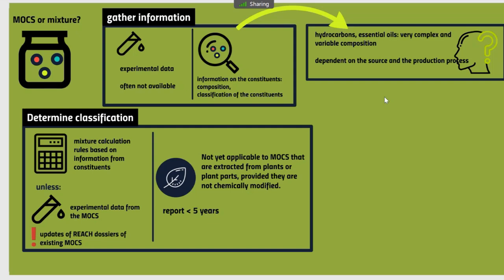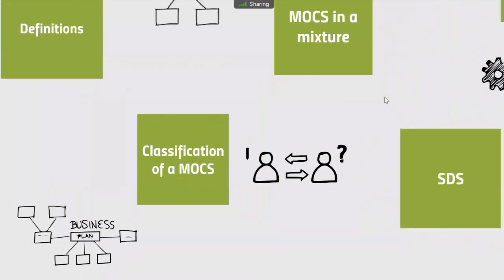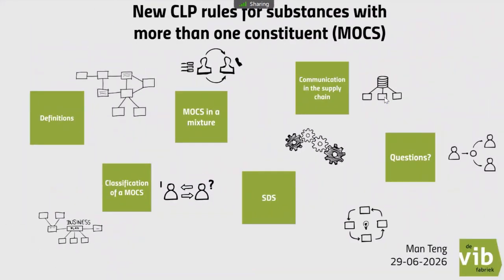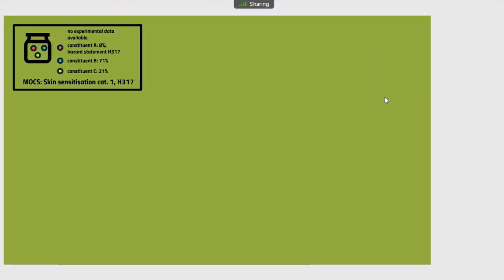We see a lot of times that if there are no experimental data available, the mixture calculation rules are applied, and suddenly some MOCS that already have a REACH dossier are updated to a more severe classification. Then if we would use these type of MOCS in a mixture, what happens then to the classification of the mixture if you look at the CLP revision? So I will show an example.